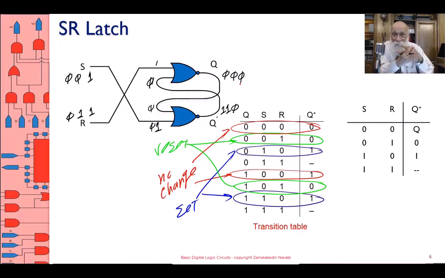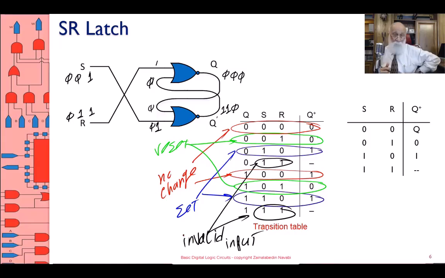The two ones caused my Q and Q bar to become the same. My circuit no longer remembers whether the positive pulse was on R or on S. Therefore, let's not go there. Let's not set S and R simultaneously to 1. This is an invalid input.